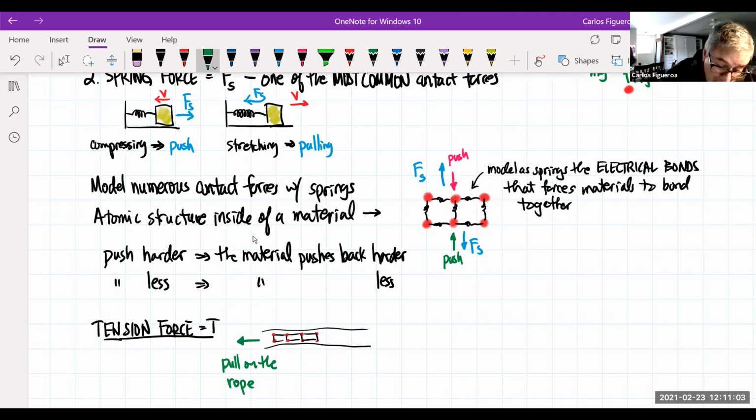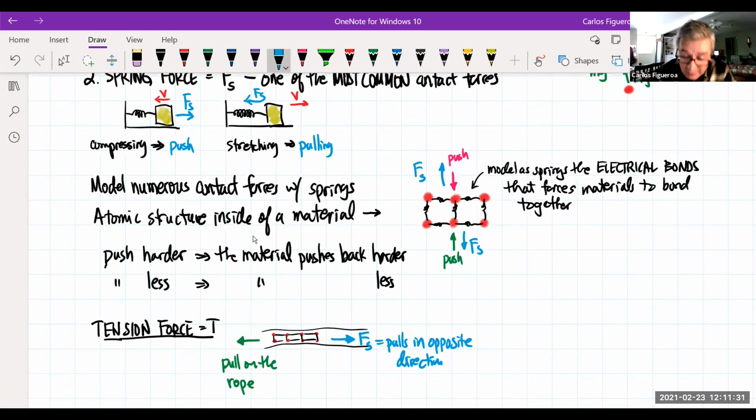If I pull them out, I'm stretching them. But if I'm stretching them, then the spring force is going to pull in the opposite direction. If I pull on it, it's got to be the opposite. So check this out.